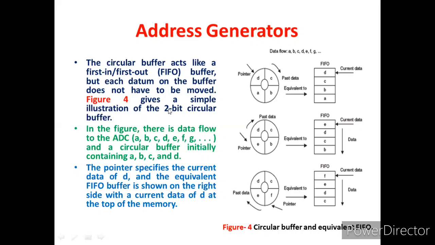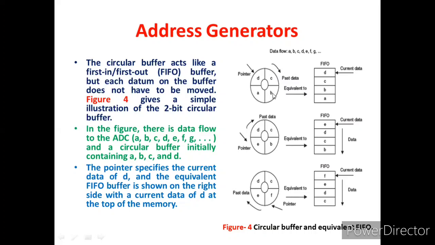Figure 4 gives a simple illustration of a circular buffer. In this figure, there is a data flow from the ADC, like A, B, C, D, E, F, G, and a circular buffer initially containing the values A, B, C, D. The pointer specifies the current data, pointing to D, and the equivalent FIFO buffer is shown on the right.